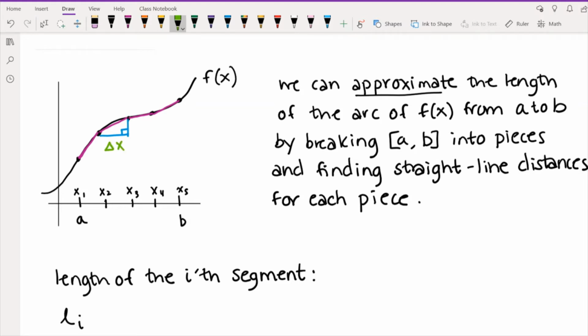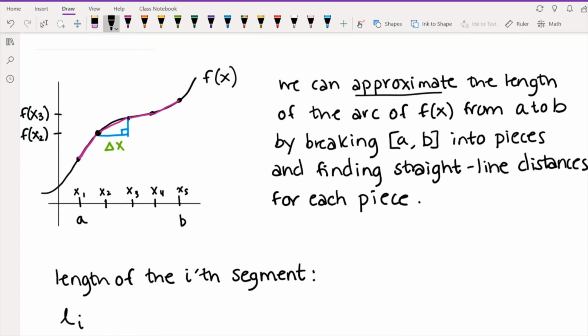And then how would you find the vertical distance here? Well, the y-coordinate of this lower point would be f of x2, and the height of the higher point would be f of x3.